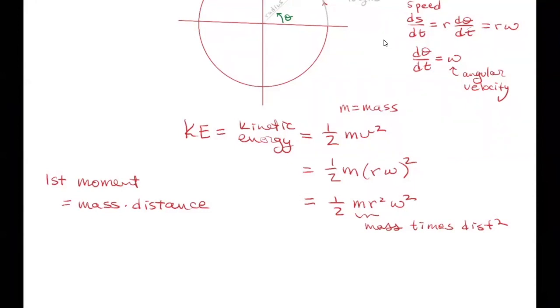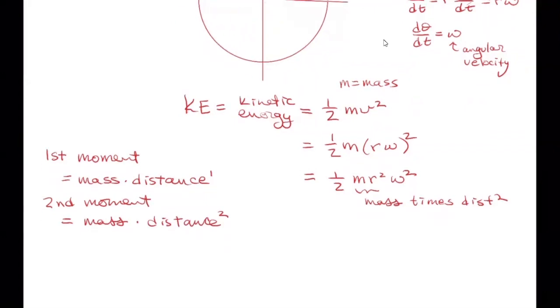Although moment of inertia could also be thought of as leverage, depending on if you're thinking about torque or whatever. But mass times distance usually is what I think of in terms of leverage. The second moment, and of course the first moment is mass times distance to the first, right? The second moment would be mass times distance squared. And so mass times distance squared is called the moment of inertia.